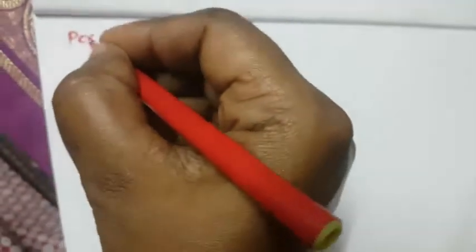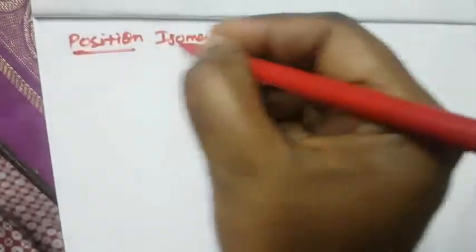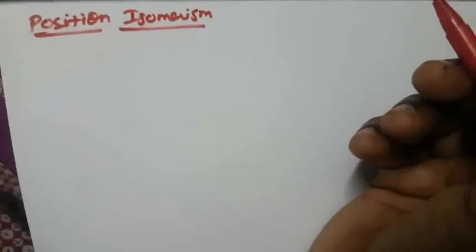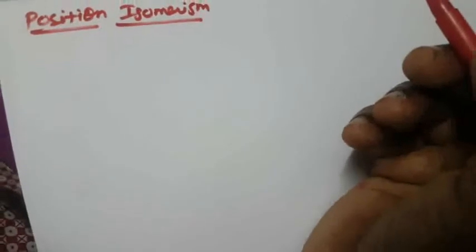Next one is position isomerism. What is meant by position isomerism? The same molecular formula but the position of the double bond or functional group will differ.